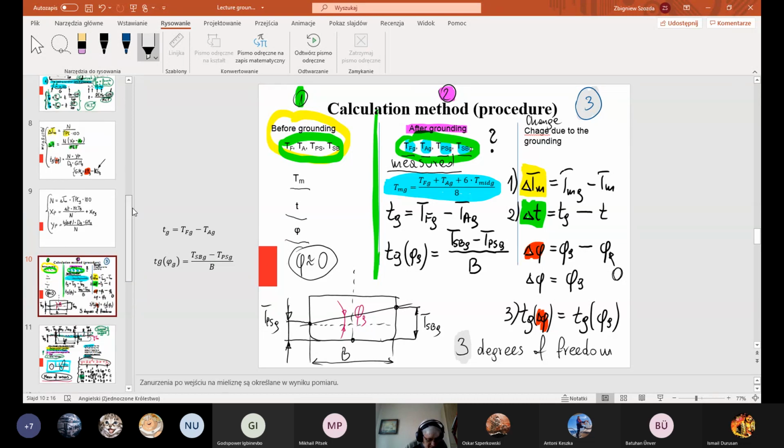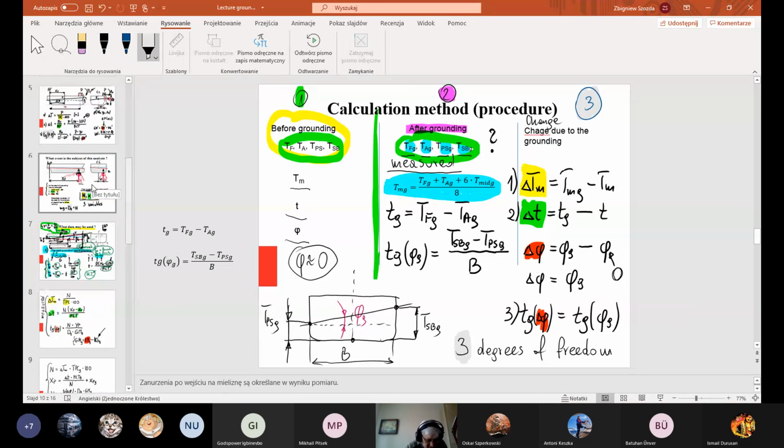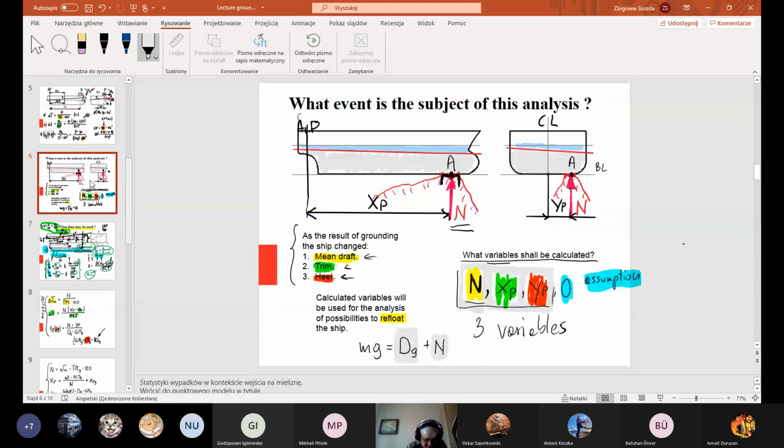Why? Because we stated at the very beginning that we are interested in 3 variables. We want to calculate the force. We want to calculate 2 ordinates of the point of action, longitudinal and transverse. Vertical is assumed to be 0. So 3 degrees of freedom.